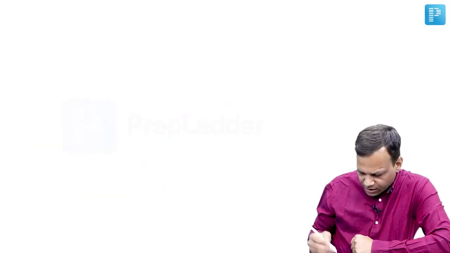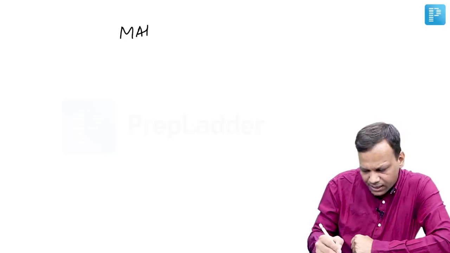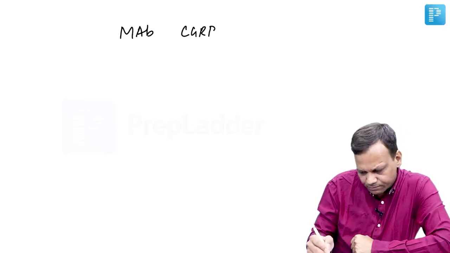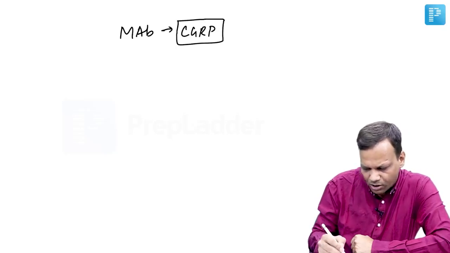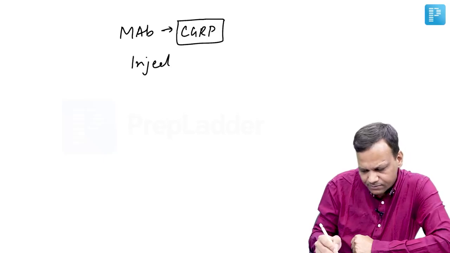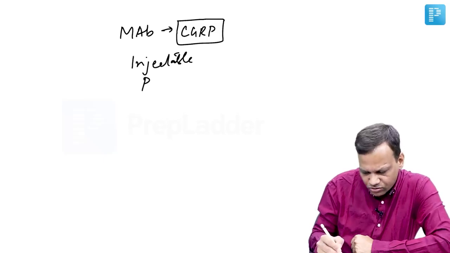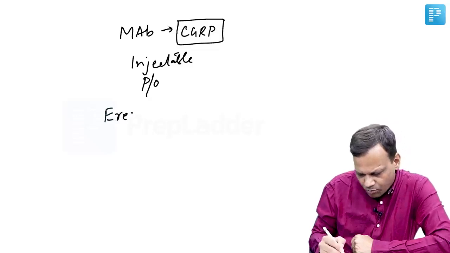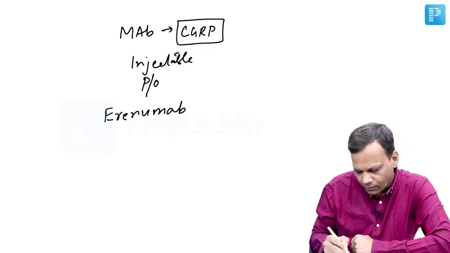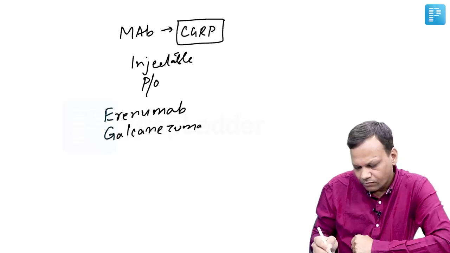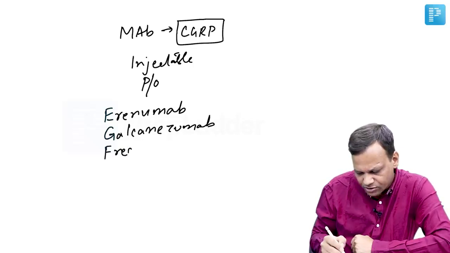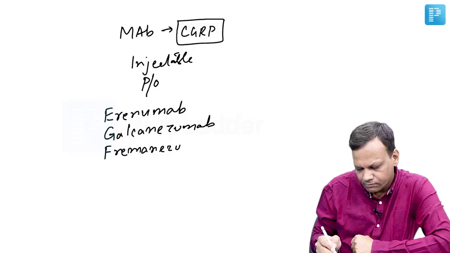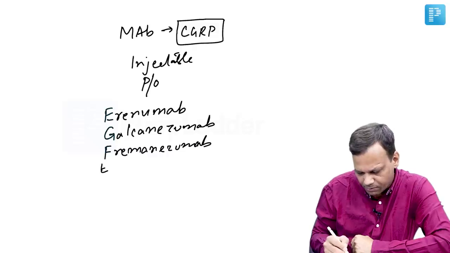Then we have also developed monoclonal antibody against CGRP receptors, and these monoclonal antibodies are obviously injectable drugs, but they are long acting, so they are used for prophylaxis of migraine. These drugs include erenumab, galcanezumab, fremanezumab, and eptinezumab.